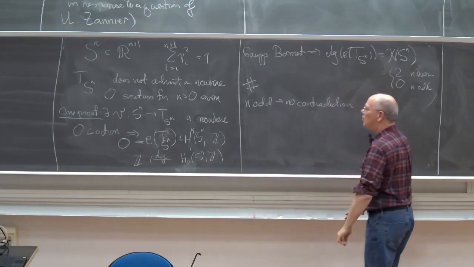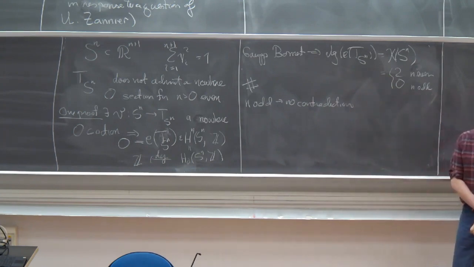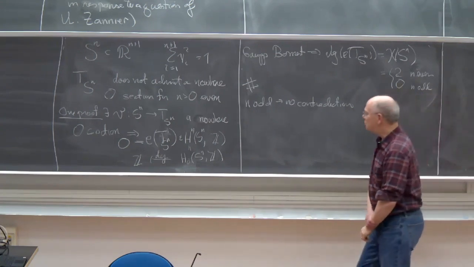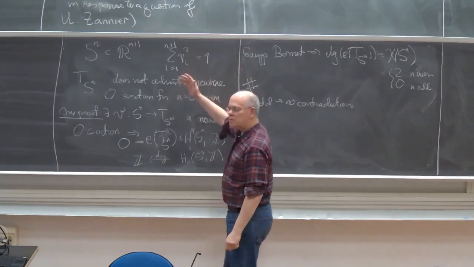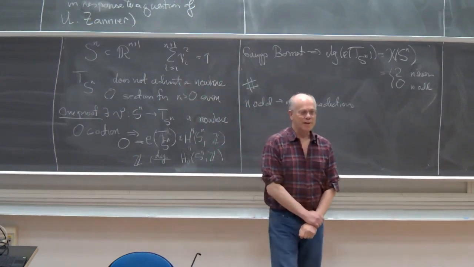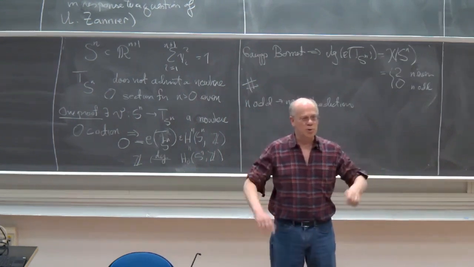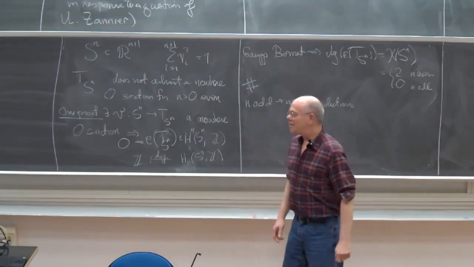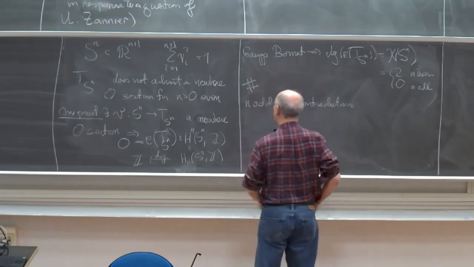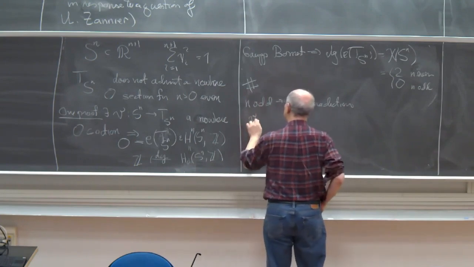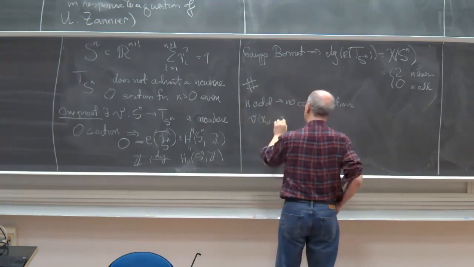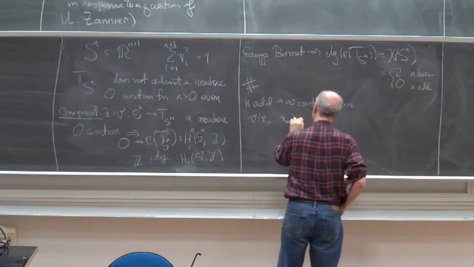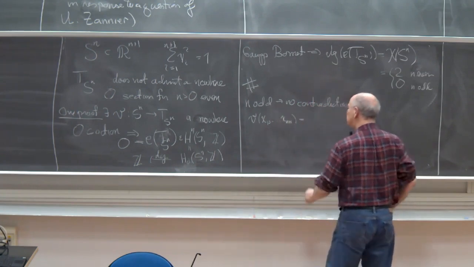And in fact, you can quite easily write down a nowhere zero section. Let's just write it down. You can use this equation here. The tangent bundle is, of course, just the perpendicular to the normal bundle under the usual dot product. So you can define your section V of (x_1, ..., x_{n+1}) to be the following vector.